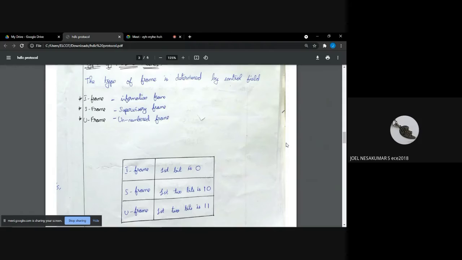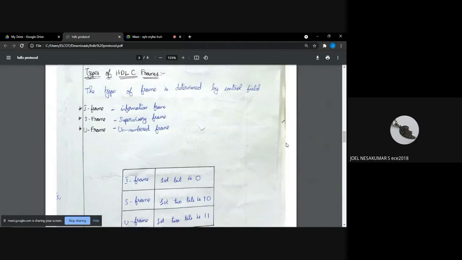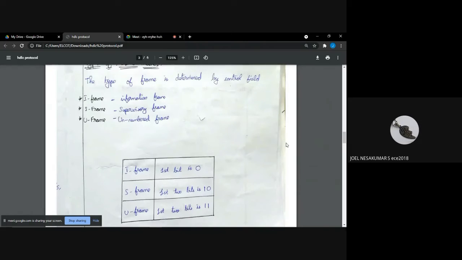Then U frame. If the first 2 bits of the control field are 1, 1, then it is an unnumbered frame. It is used for activities such as link management.